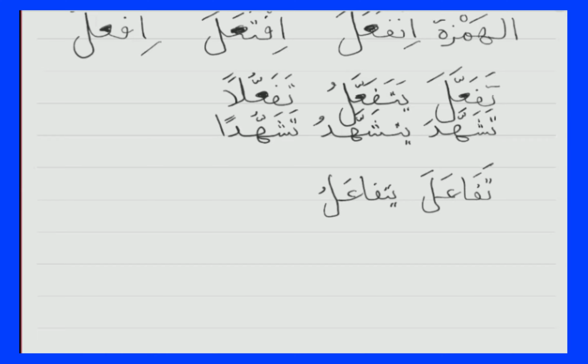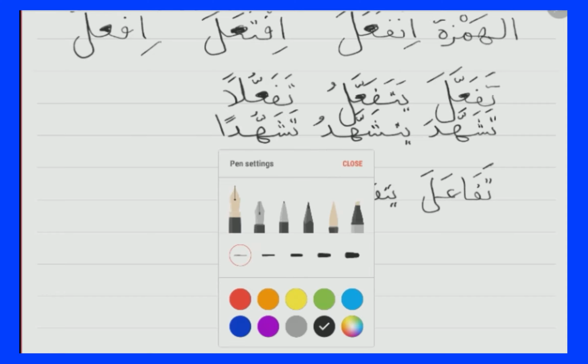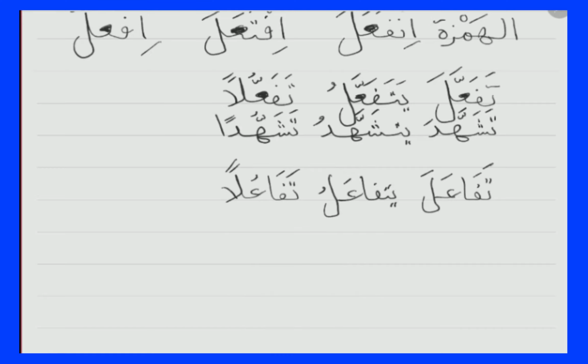Tafa'ala, yatafa'alu, tafa'ula. I want to draw your attention to one thing real quick that just crossed my mind. Notice here, when I put my tanween, my fathatan, my 2 fathas, and they're followed by an alif, I put them on the letter, not on the alif.